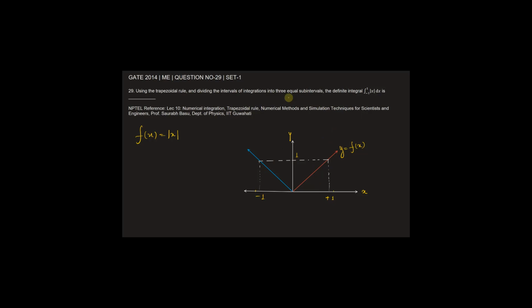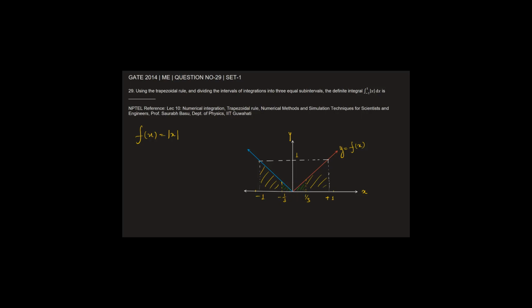Since there are 3 equal divisions, if we divide this graph into 3 equal parts, we'll have -1 by 3 and 1 by 3. So these are the 3 subintervals. This is the first interval, this is the second interval, and this is the third interval.